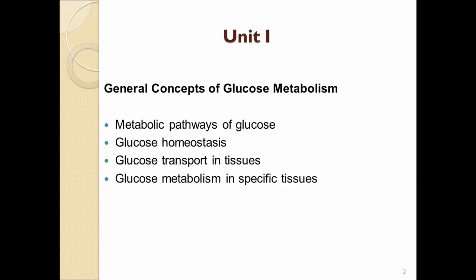So, the general concept of glucose metabolism. We're going to cover what types of metabolic pathways are involved in glucose metabolism, and also talk about glucose homeostasis, meaning that our body has regulatory systems that try to maintain our blood glucose level in a certain range.